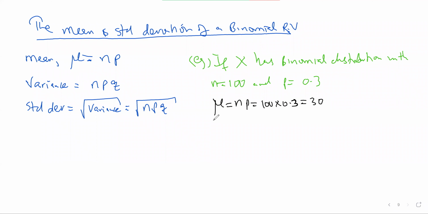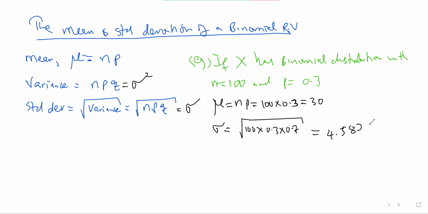Then if you want to get sigma, variance is usually denoted by sigma squared, and standard deviation is denoted by sigma. And you can say sigma is the square root of N times P times Q. Q is always 1 minus P. Which will give us 4.5826 when you round off to 4 decimal places.